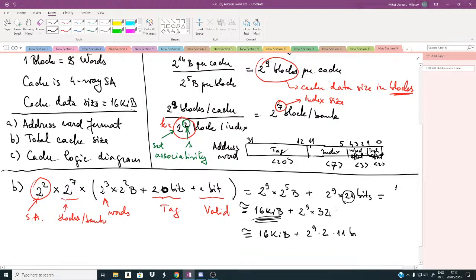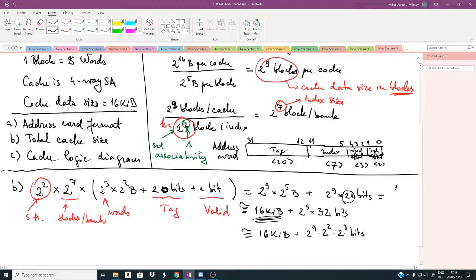So times 32 bits. This is 2 to the power of 5 bits, so it's 2 to the power of 2 times 2 to the power of 3, and these are bits.